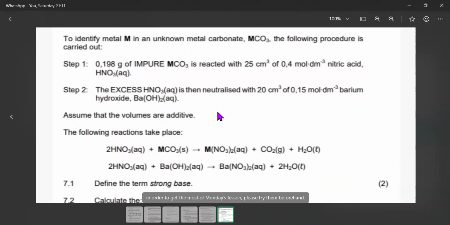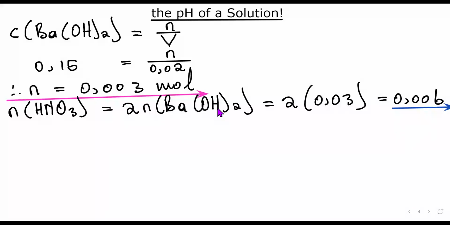You don't know the volume of this metal carbonate. So in solution, the total volume will be 25 cubic centimeters in step 1. So that's what you'll be using.